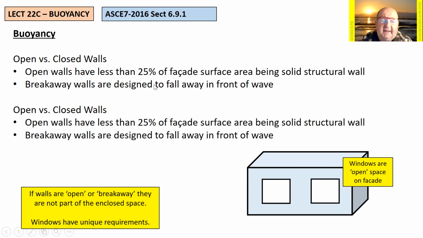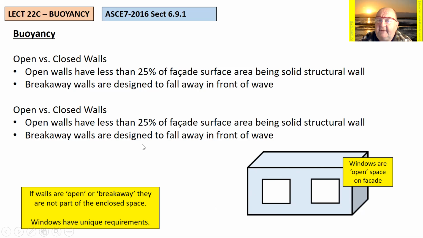If I have less than 25% of this face being solid portions of the structure, then I can consider this face being open, and literally whatever the water elevation is outside the building, I can expect the same elevation inside the building.